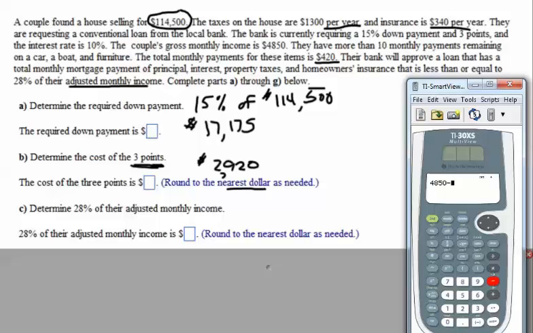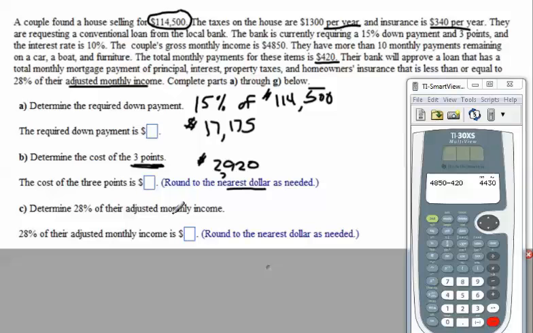So in this case we have a car, a boat, and furniture, with more than 10 monthly payments remaining, and that's a total of $420. So we have to subtract that, and we get their adjusted monthly income is $4,430, and then we're going to take 28% of that.